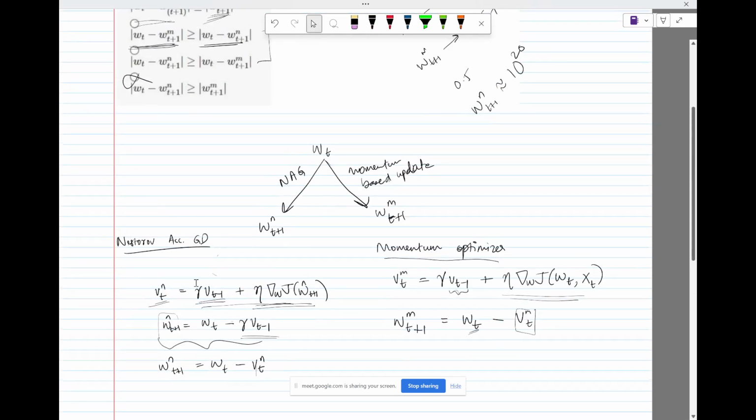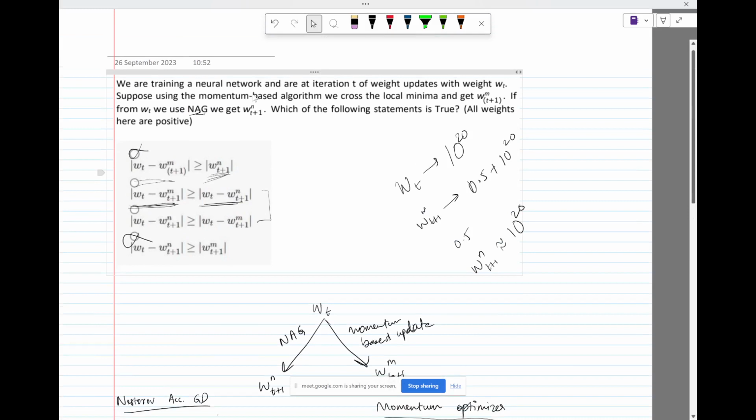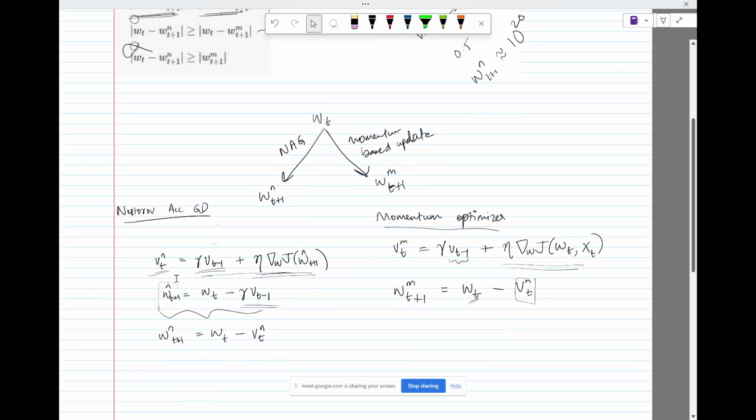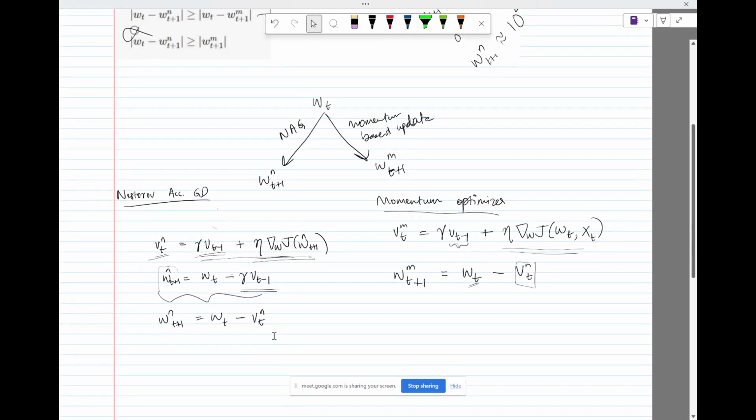Because we don't know at t minus 1 what algorithm was used, but from t to t plus 1 two different algorithms have been used to compute the weight update. So that we have written here.